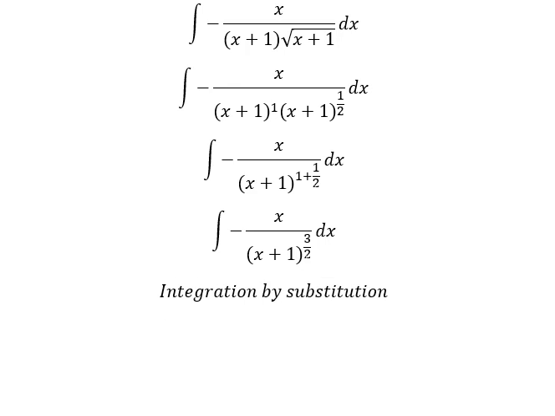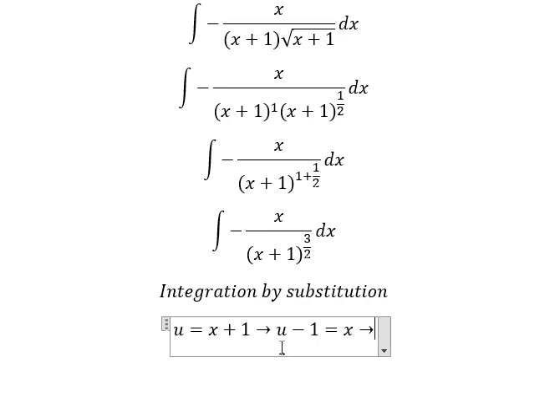I will put u equals x plus 1. Later we have x, so I will move number 1 to the left and we have u minus 1 equals x.